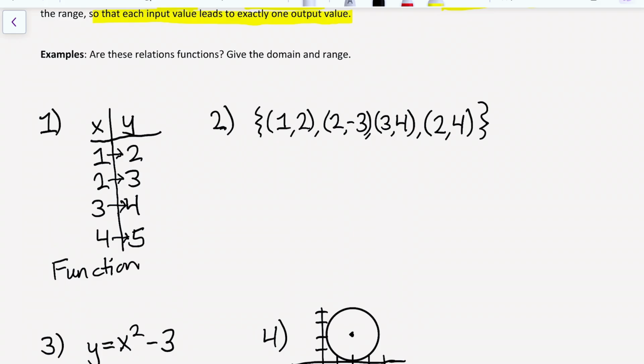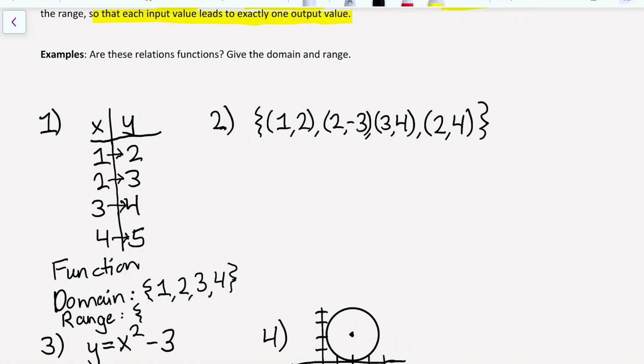The domain is the x values that are listed. We would say the domain is the numbers 1, 2, 3, and 4. Let's write those as discrete points. And the range is the y values. We would say that our range is the numbers 2, 3, 4, and 5.